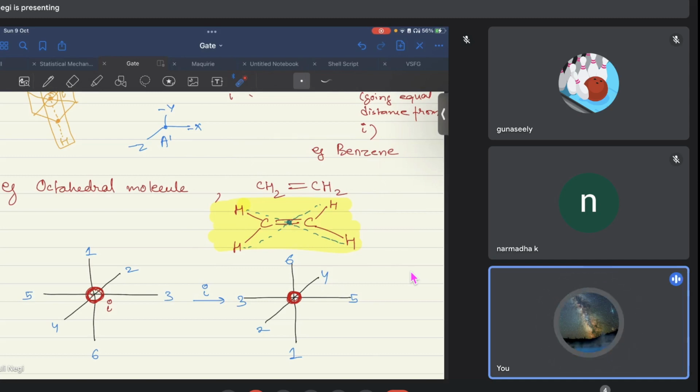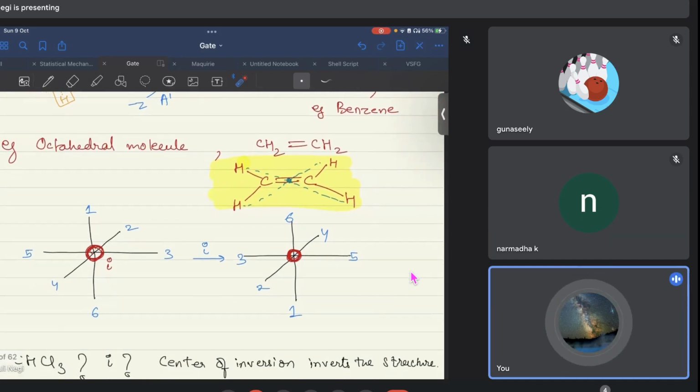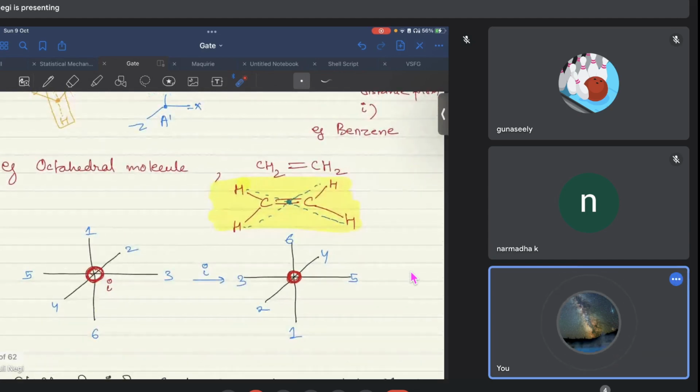Now the octahedral molecule. In an octahedral complex, we have 6 coordinated ligands, and say all these 1, 2, 3, 4, 5, 6 are equal, and this is the center. If I am doing the center of symmetry operation, what does it do? It reflects all the points. For example, 1 will be reflected here, and 6 will be reflected here.